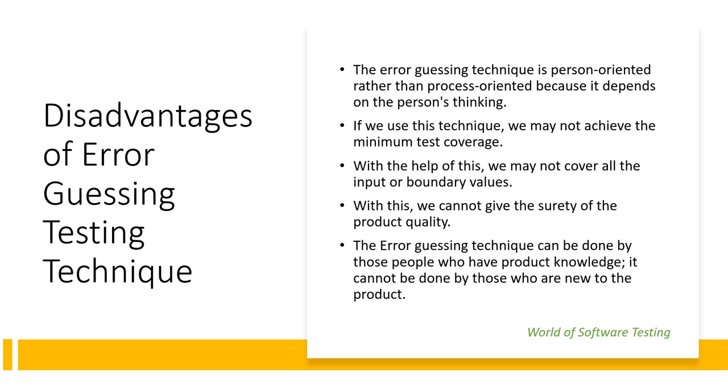With this, we may not cover all the inputs or the boundary values. We cannot give surety of product quality, and the technique can be done only by people who have product knowledge. It cannot be done by those who are new to the product. So definitely the main base for error guessing is to have an experienced person who can do this kind of testing technique.